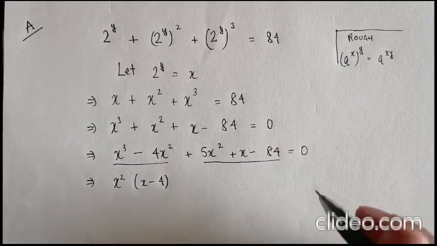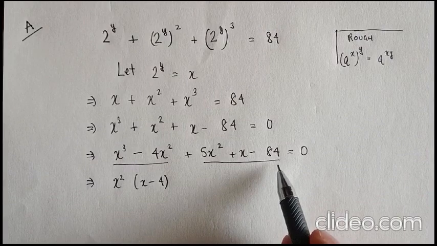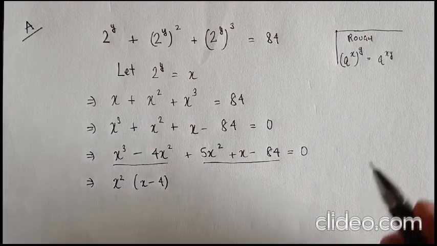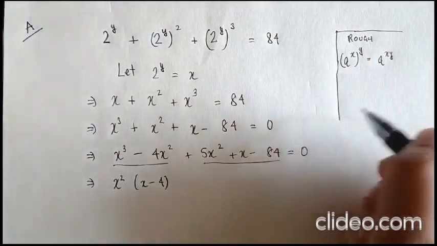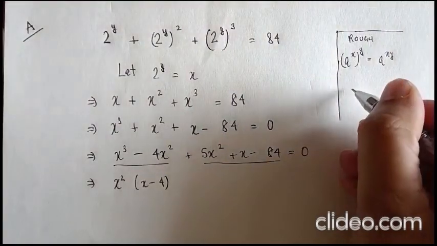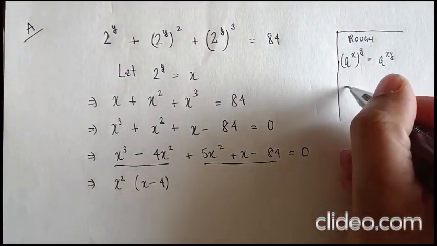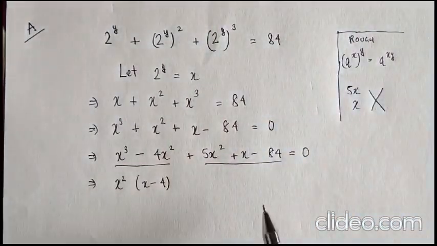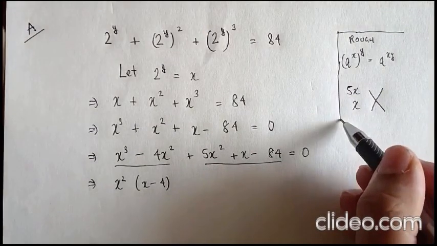Now how do we factorize 5x squared plus x minus 84? So please refer to my earlier videos about quadratic equations. What we do is we put the 5x squared as 5x and x and create a cross like this. Now 84.